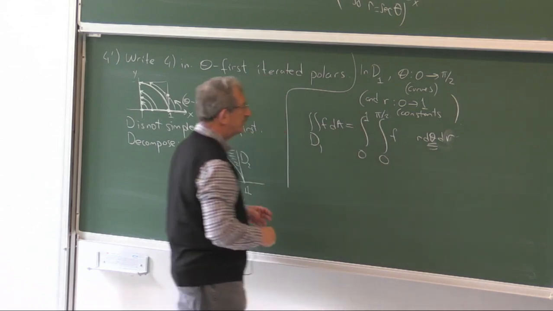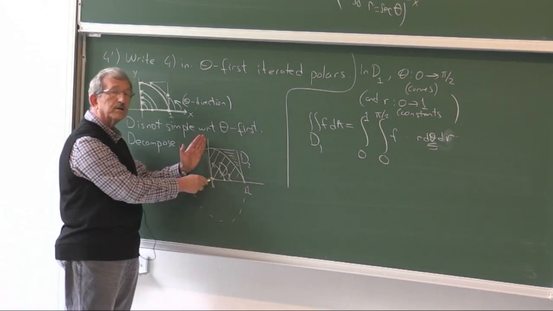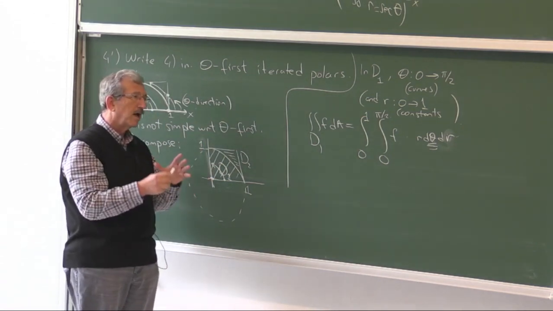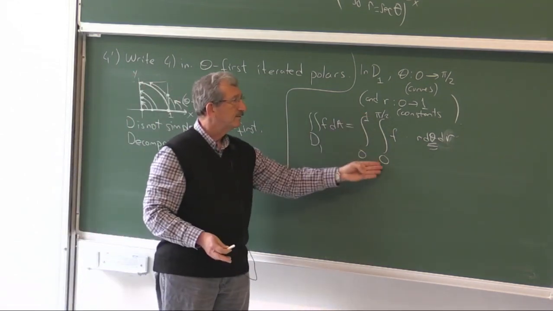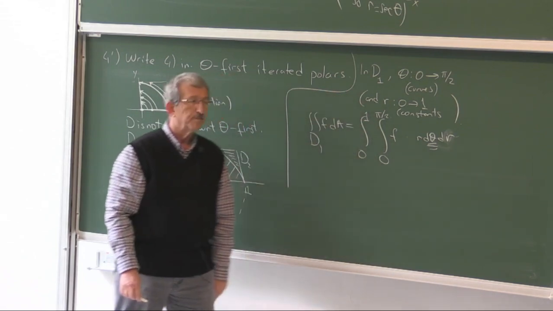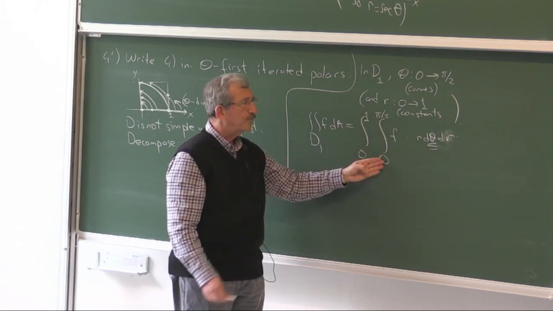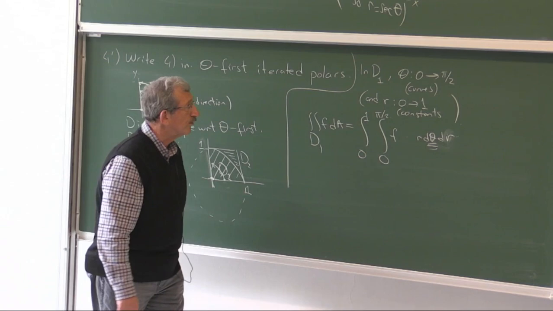This of course says that this quarter of a circle is transformed into polars as a rectangle. And the rectangle is this, with sides 0 to 1 and 0 to pi over 2. So that's why we have here curves, but actually theta equal to constant curves.